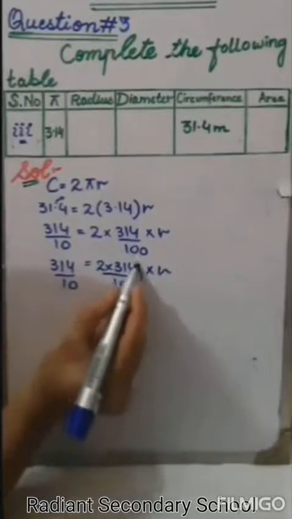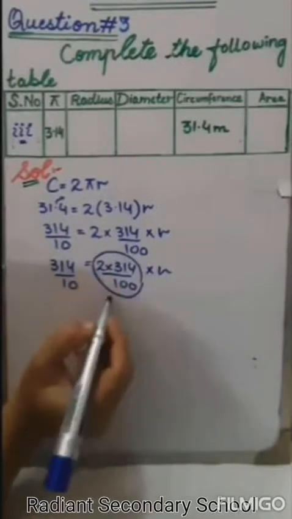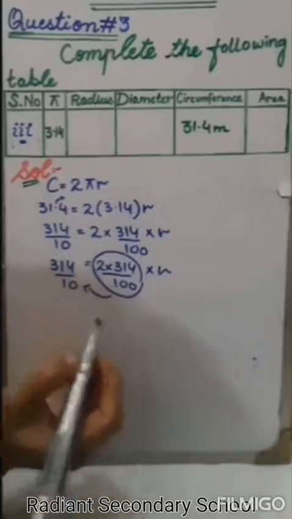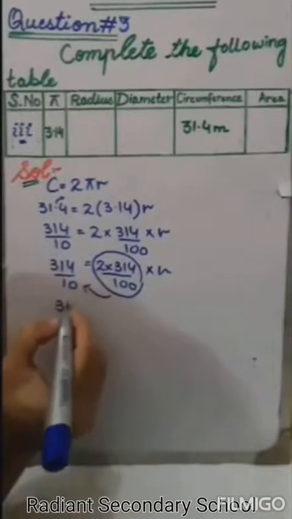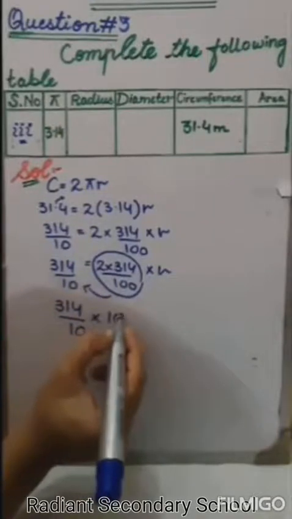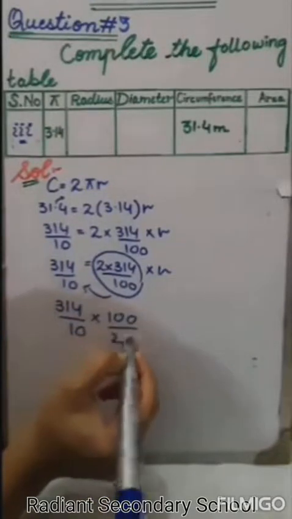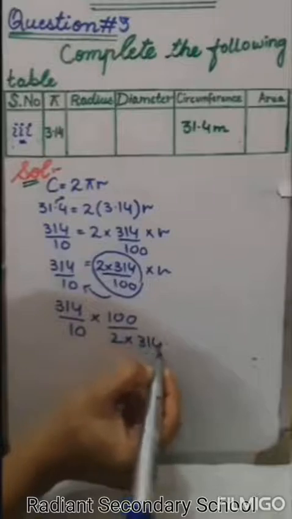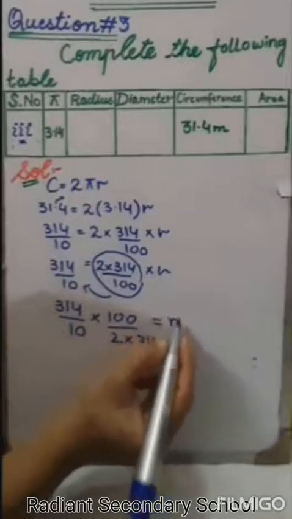Now you have to take that whole fraction to that side. It will become reciprocal like this. 100 over 2 multiplied by 314 is equal to r.